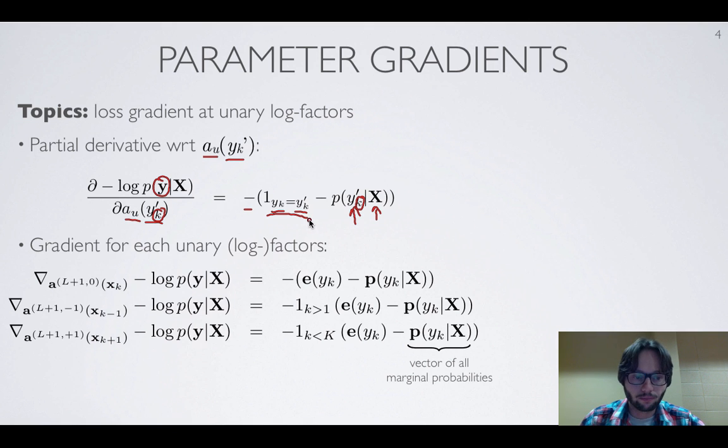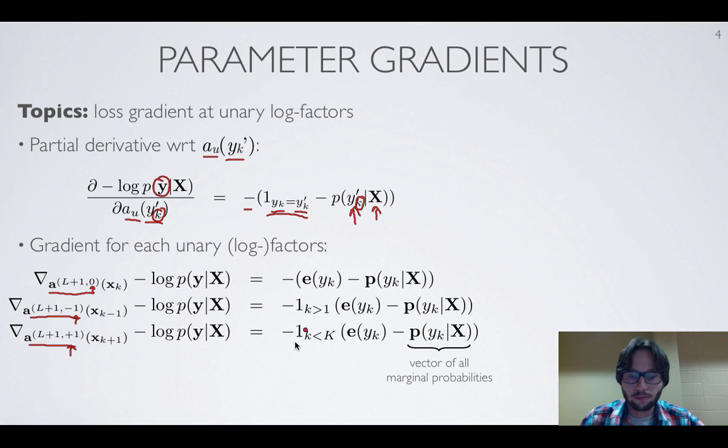So if we consider the specific case of a conditional random field where we have, for a given context of radius 1, 3 different neural networks, one that computes some pre-activation based on the current position, another one based on the input on the left, and another one based on the input on the right. So we consider the gradient with respect to all of these pre-activations at the output layer of these 3 neural networks.